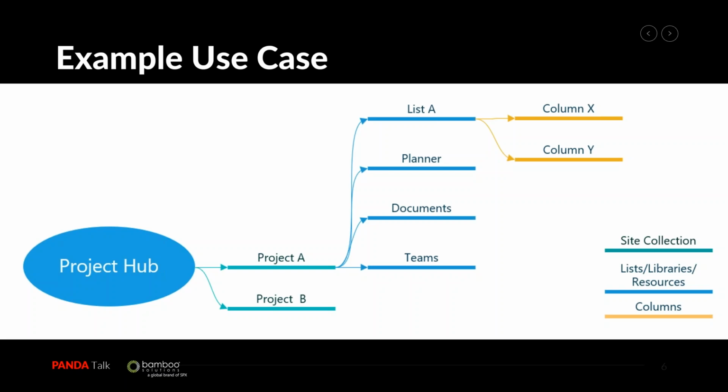When we provision that project site, rather than go into each project site and manually build a list, a planner, an extension to the document library because we want to add some metadata to it, or associating a team to it, and then going into list A in this example and configuring a column that tracks this and that, and then another column, instead of doing all of this manually and not using the old school way, which is not currently available for modern sites, this is the method. SharePoint site designs and site scripts would accomplish this.